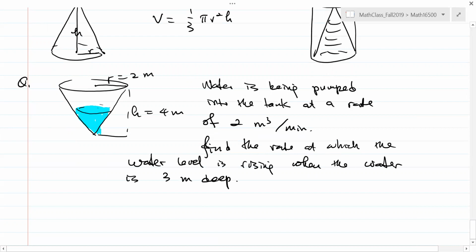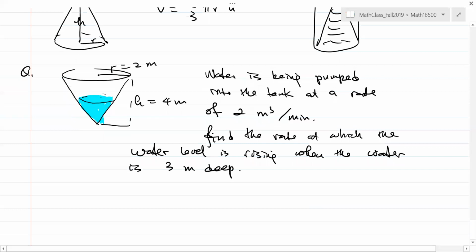Right. So let's measure the height, x. So we actually want to find out dx/dt, right? It's increasing when x equals 3 meters. So it's very simple.